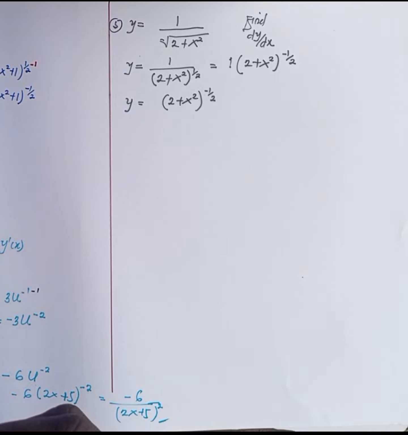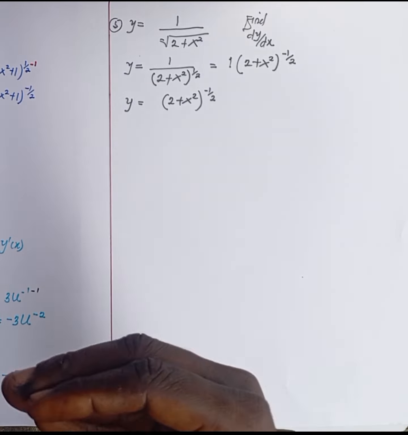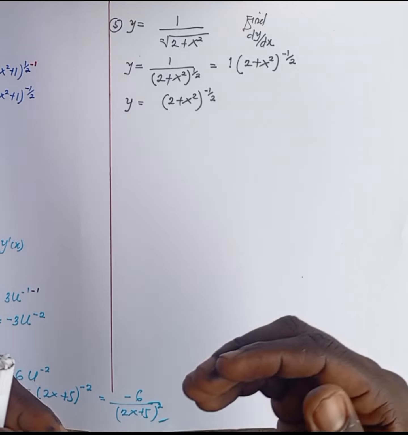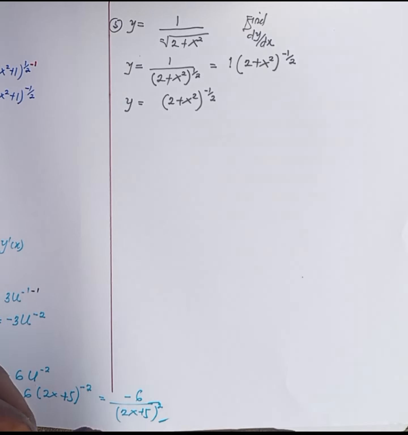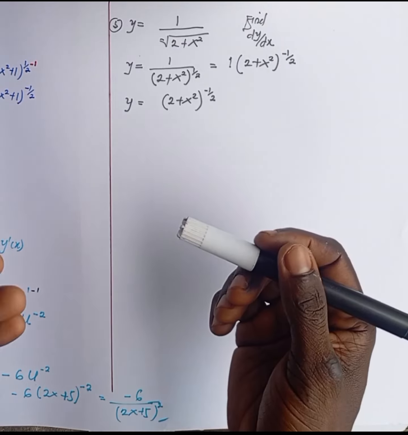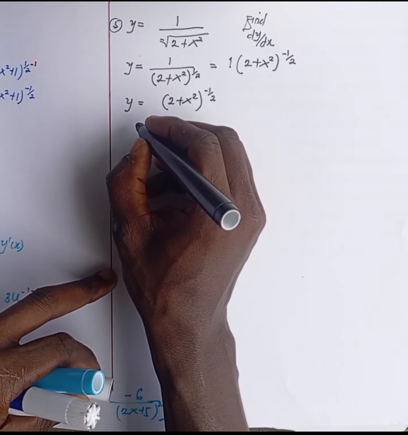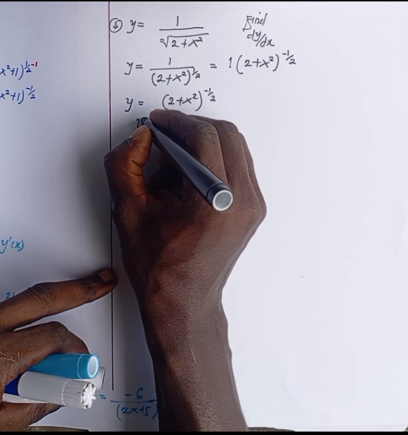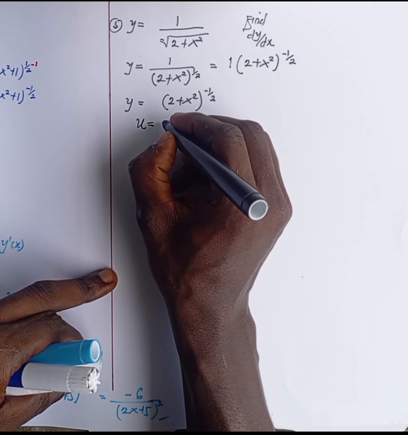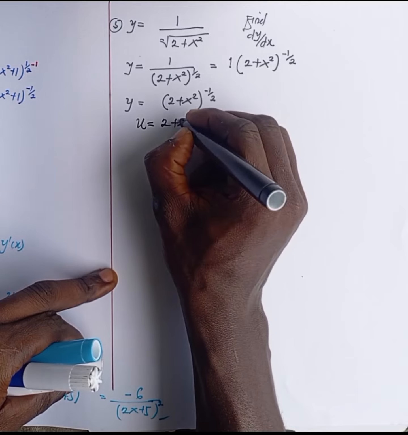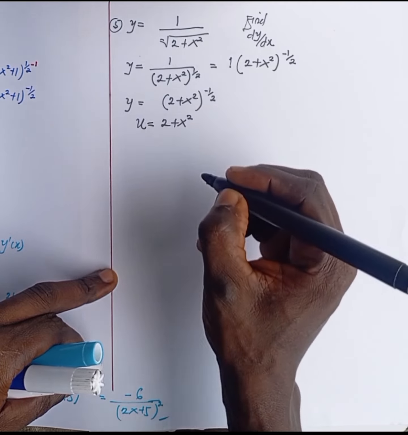So now our function is 2 plus x squared raised to the power negative half. Very simple. So we are just going to apply any of the two methods, whether the Leibniz method or the other one. So let's use the Leibniz method. So we are going to let our u equal to 2 plus x squared.